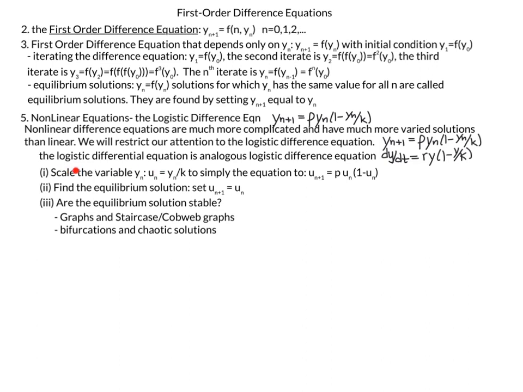The first thing we are going to do is scale our variable. Then we're going to look for equilibrium solutions by setting mu_(n+1) equal to mu_n. The mu here is because we scaled. We'll go through it in the next slides. And then last, we're going to look at the stability of our equilibrium solutions.